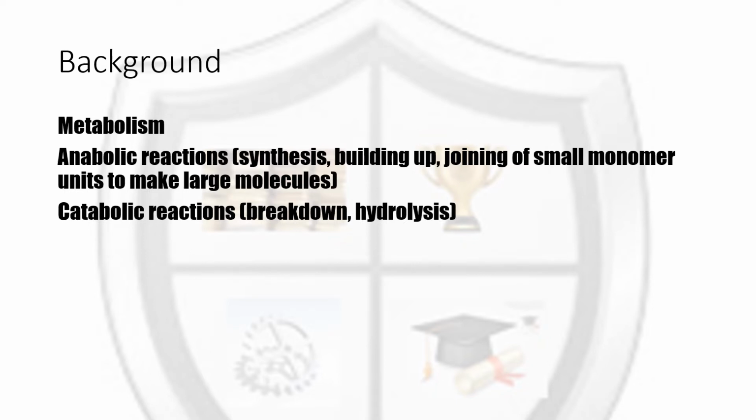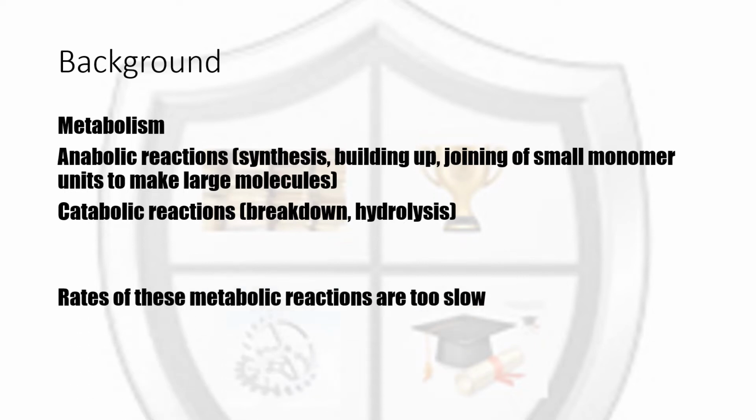For instance, starch can be broken down to glucose. Proteins can be broken down to amino acids. So those are the metabolic reactions that are taking place in the cells of living organisms. They can either be anabolic reactions or catabolic reactions.